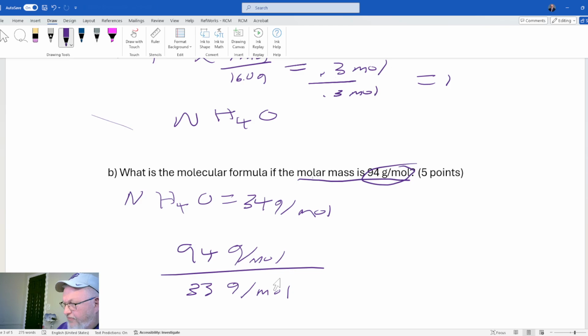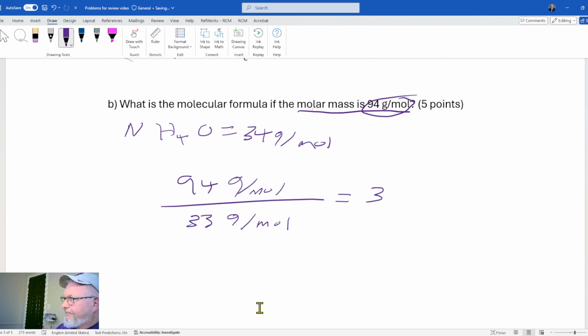94 divided by 34 gave me 2.76. That's one that I can actually round up, so I've got a factor of 3. Now I'm going to take that factor, 3, and multiply it by my empirical formula.